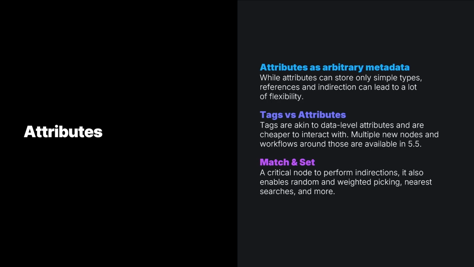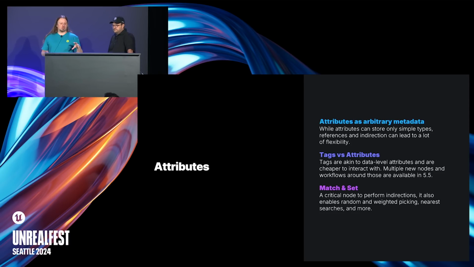Something else we're going to use are tags on actors through the PCG data asset workflow, especially when we export level instances on top of two PCG data assets. Finally, about attributes, we're going to talk about match and set, which is basically a kind of cross-reference. So you can find a line inside of the data table and assign it to a point or an attribute as well.